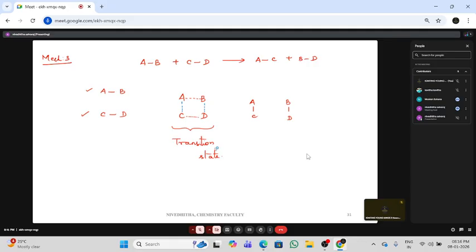So here we discussed three mechanisms. In the first mechanism, because of homolytic cleavage, we end up with free radicals as intermediates. In the second mechanism, upon heterolytic cleavage, we end up with carbocation and carbanion as intermediates. And in the third mechanism, we got a transition state. Usually while discussing any mechanism, we'll be encountering all these terms.